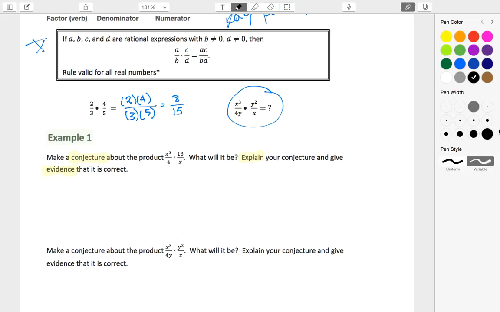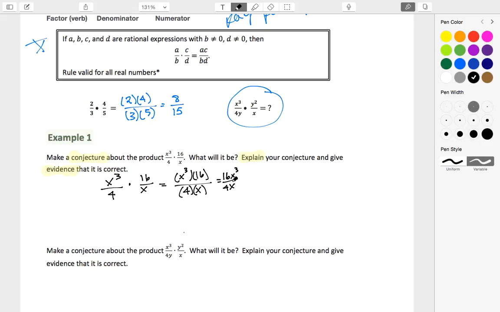So right here, the way we're going to do this is by multiplying x to the third over 4 times 16 over x. Now I'm going to multiply this, so I get x to the third times 16, and then 4 times x, right? And then we know that will eventually give us 16x to the third over 4x.